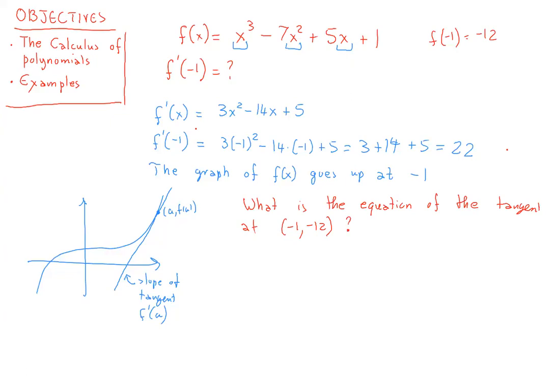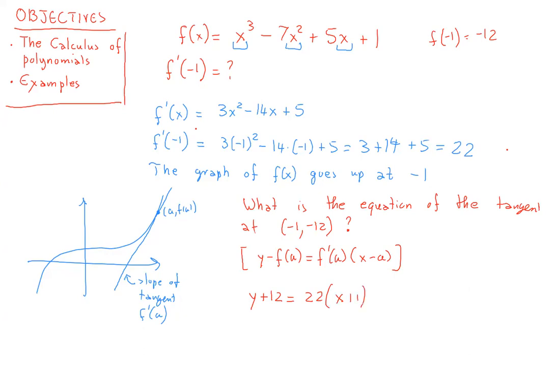And what is the equation of the tangent? I remind you the general formula. Y minus f of a is equal to f prime of a times x minus a. So what is it for our case? Y minus -12, so y plus 12 is equal to 22 times x minus -1, meaning x plus 1.